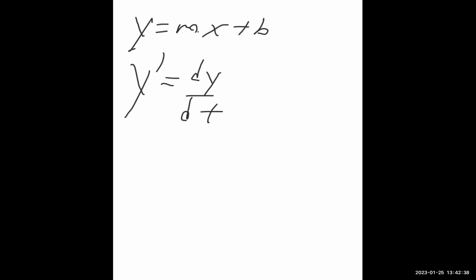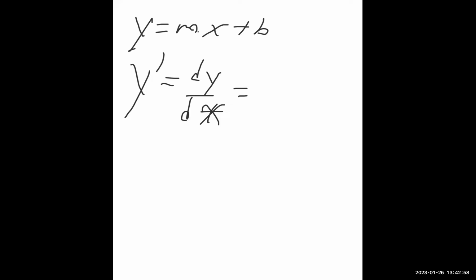Some call it dy dx. It's not like delta y over delta x, right? If you take the derivative of this thing with respect, actually it should be dx, because we're deriving with respect to x. We look at the rate of change of each of these things.